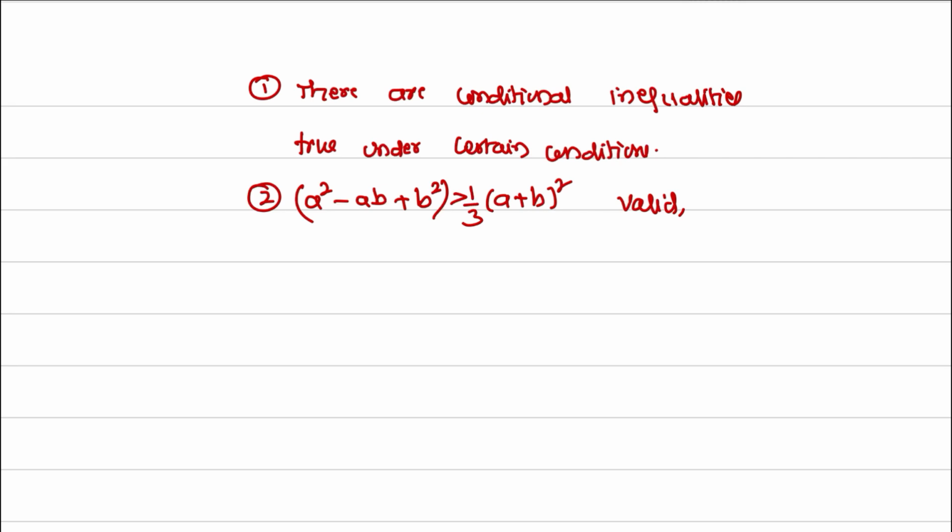That way we can write: a is greater than 2b or b is greater than 2a. This is the condition. The twice of the positive number is always greater than the negative number.